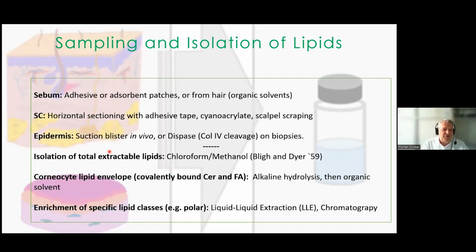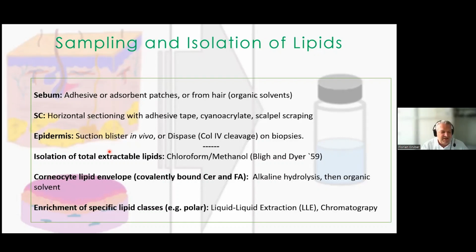You can also use ex vivo heat separation or the enzyme dispase. The corneocyte lipid envelope, which is usually ultra-long ceramides and fatty acids covalently bound to the proteins of the corneocyte envelope, has to be released by alkaline hydrolysis and can then be extracted with an organic solvent.